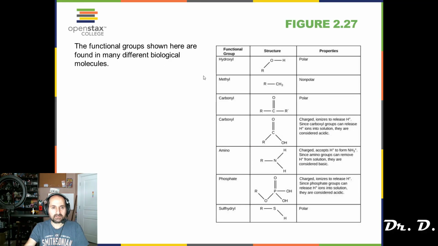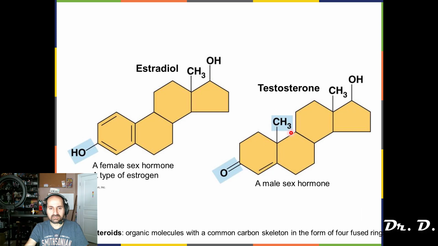So here is a list of the functional groups. There's the hydroxyl group, the methyl group, carbonyl group, carboxyl group, amino group, phosphate group, and sulfhydryl group. Again, what are these groups? These are little attachments like these I just told you about, little attachments to your carbon backbone.